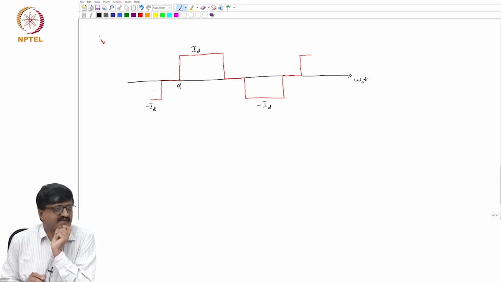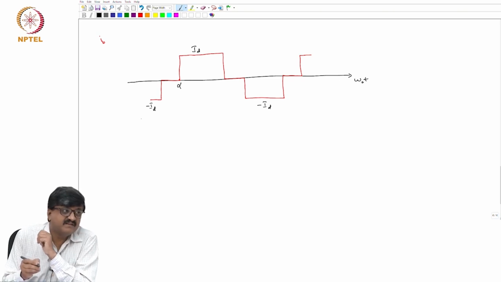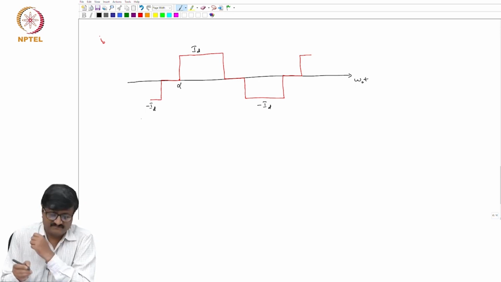It is actually alpha minus 60. Sorry, minus ID to 0, alpha plus 300, which is the same as alpha minus 60, right?